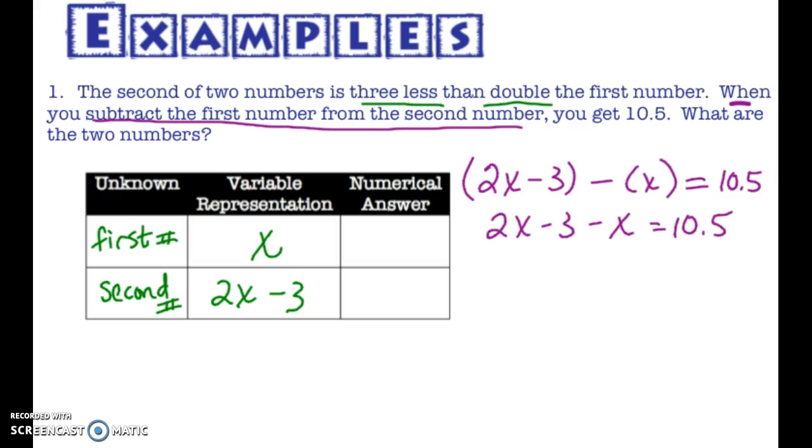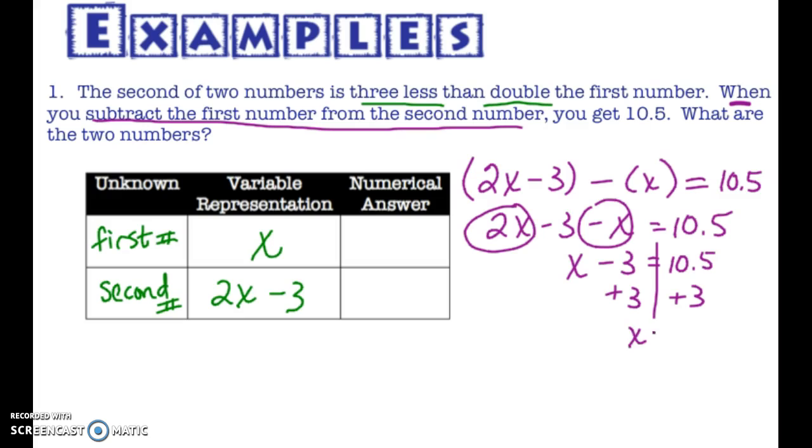As I'm trying to solve this equation, I want to combine my like terms. So this 2x and the minus x, those are like terms, that equals x. x minus 3 equals 10.5. Solving this equation, I'd add 3 to both sides, and I have x equals 13.5. Okay, so my numerical answer for that first number is 13.5.